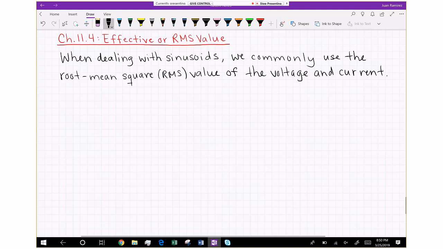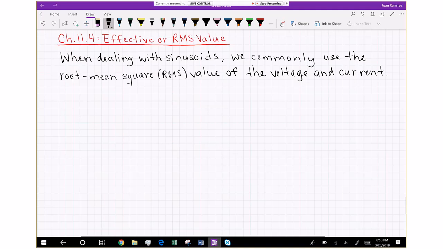The amplitude of the sinusoid is constant if you have a steady state voltage or current, and in the same way the RMS value is constant. Not to confuse the RMS value with the amplitude, they're different, but they don't vary with time unless the AC signal is not steady state.